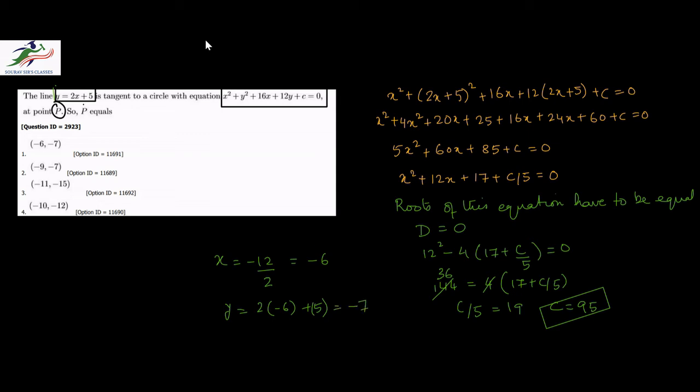So x equal to minus 6 and y equal to minus 7 are the coordinates of the point P, which is the point at which the line is tangent to the circle. So the first option, minus 6 and minus 7, is the correct one.